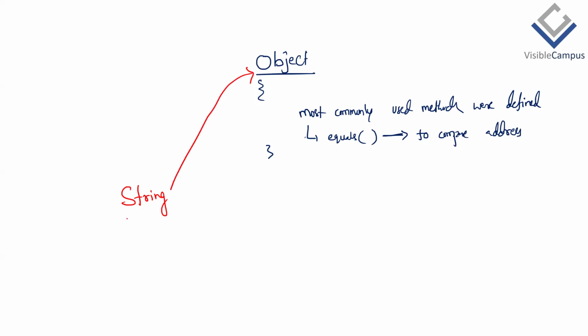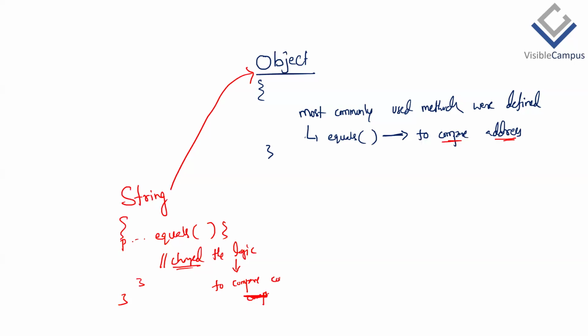So in the child class, the same method is reused, with public static void and all those things. The syntax is there. The same method is reused, but they change the logic. What is the original purpose? Compare the addresses. But they change the logic to what? To compare content.